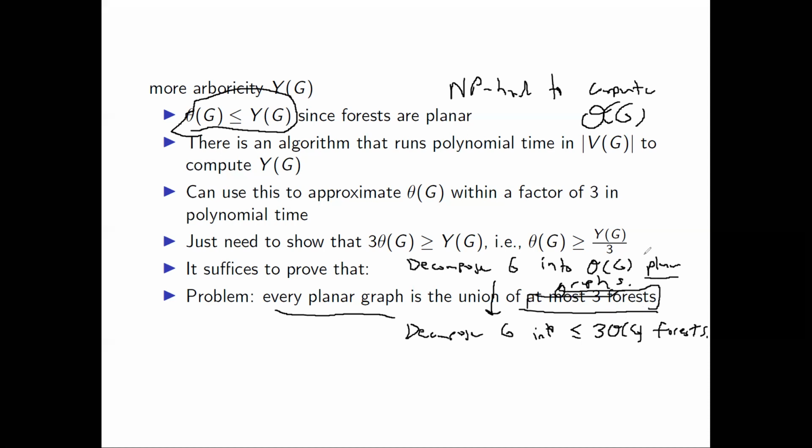And there's theta of G of those planar graphs. So we end up with at most 3 times theta of G forests.